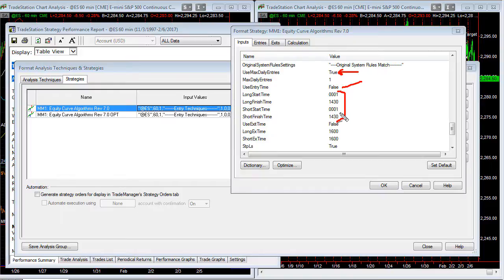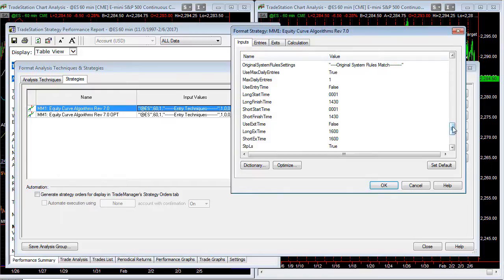So if your strategy only had a start time and a finish time, you'd make the long and short settings the same. Use exit time. Again, you don't necessarily want to use that if you have a swing trade strategy or a strategy that holds trades overnight. But if you do have a day trade strategy or you do use the exit time, these 2 parameters are related. You set this to true, and you set up long exit time to the time that you will want to exit that strategy.